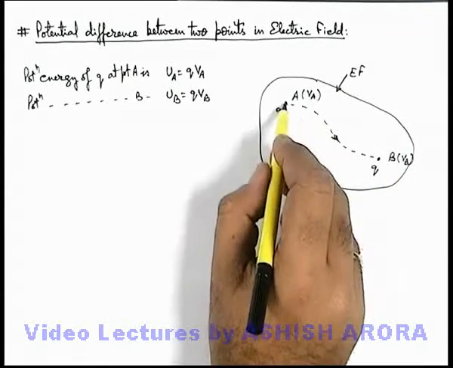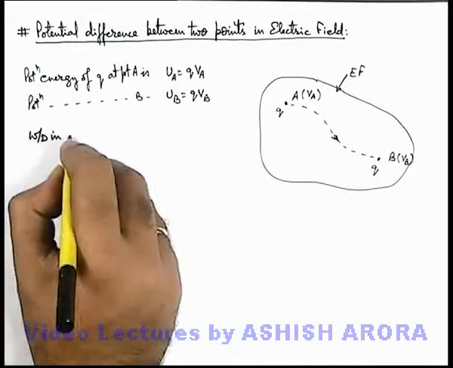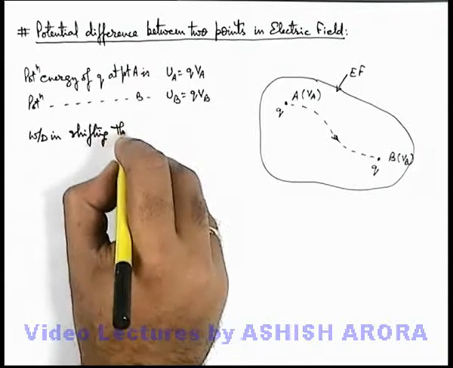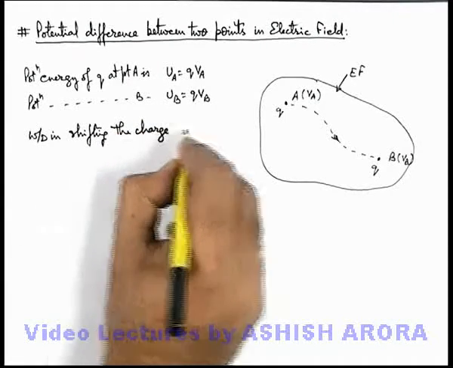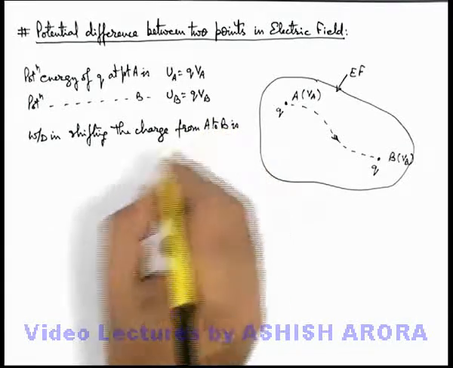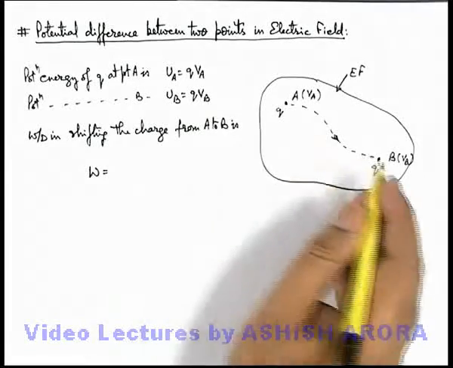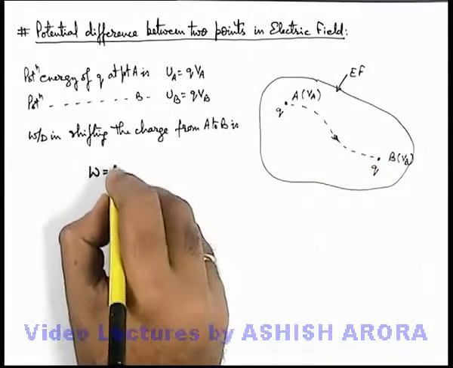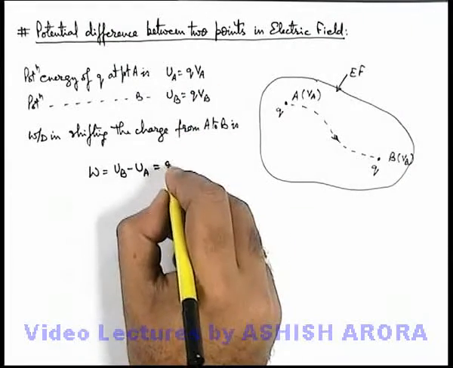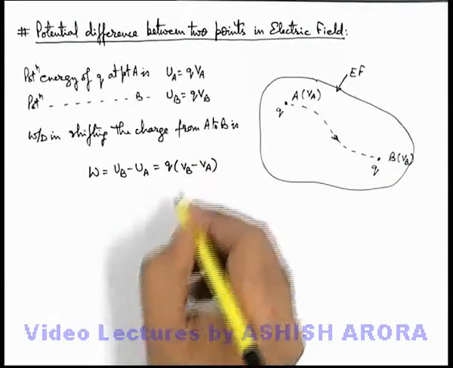If it is transported from A to B, we can simply write that the work done in shifting the charge from A to B is, as external work is always the difference of final energy and initial energy, UB minus UA. If we substitute the values, it will be charge multiplied by VB minus VA.